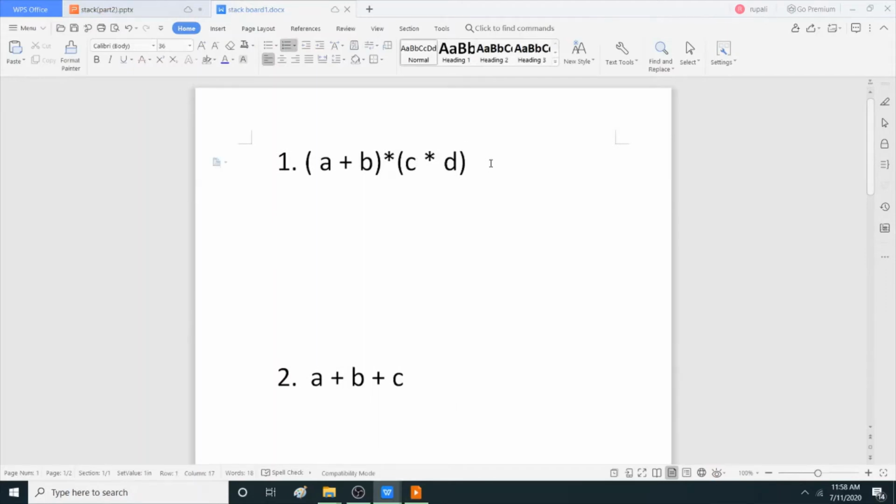First, we start from the bracket. The priority of the bracket is greater than all. So A plus B becomes A B plus. After that, you have to underline this. Then just copy this into here; no need to underline here.